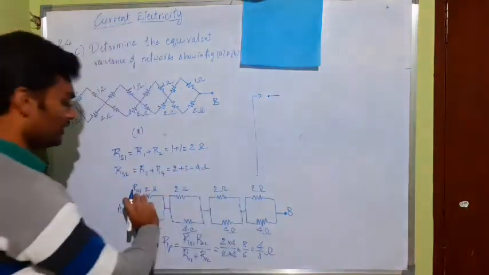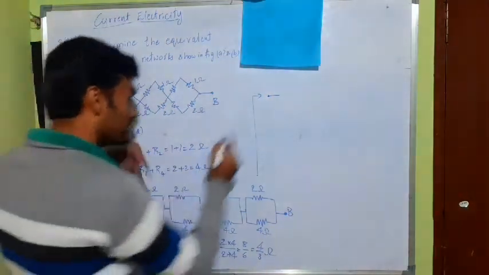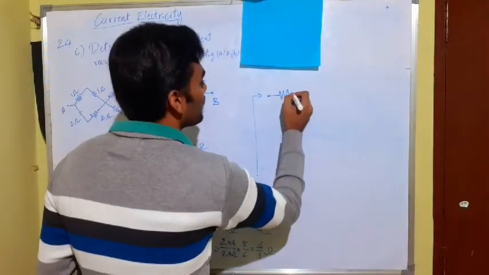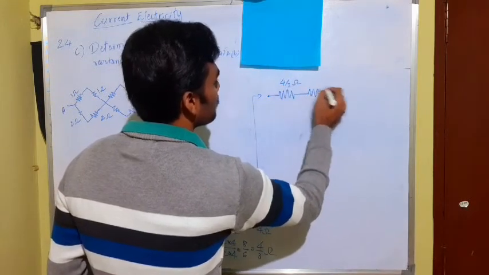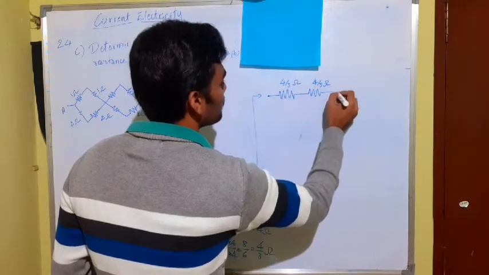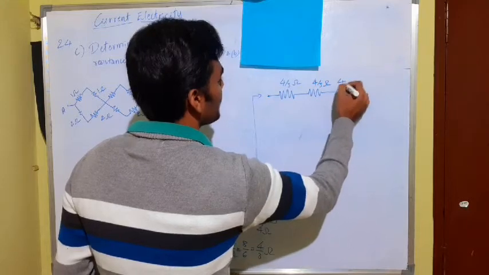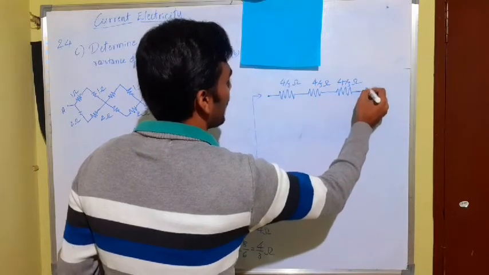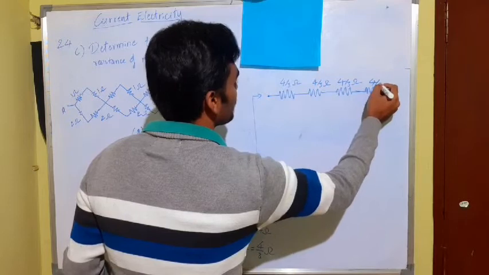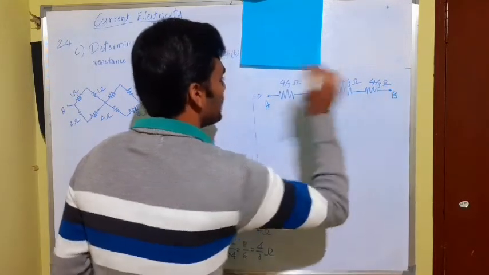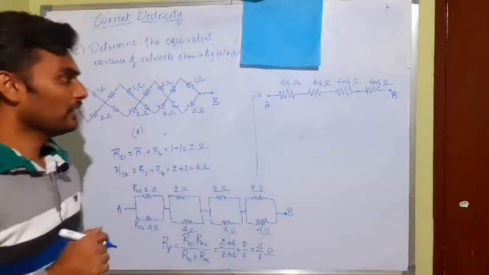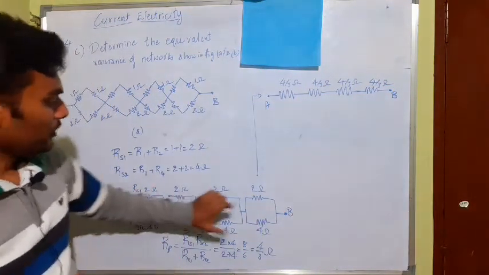The combination is giving me 4 by 3 ohm of resistance. So 4 by 3 ohm, 4 by 3 ohm, 4 by 3 ohm, another 4 by 3 ohm, between A and B. Clear? So 4 by 3, 4 by 3, 4 by 3, 4 by 3.